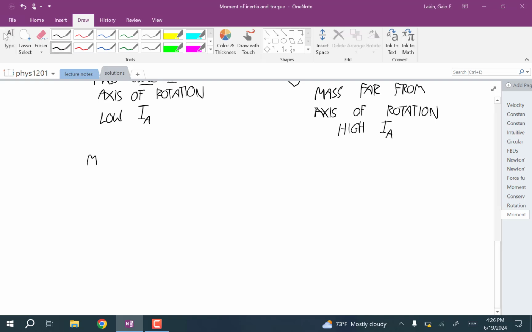So the moment of inertia formulas. The first one we're going to think about is a disk.